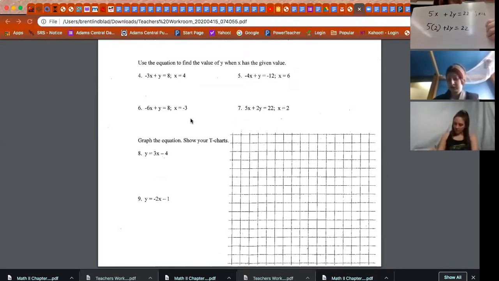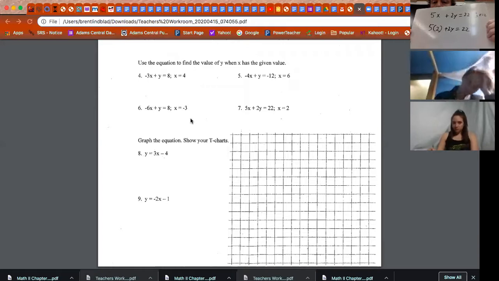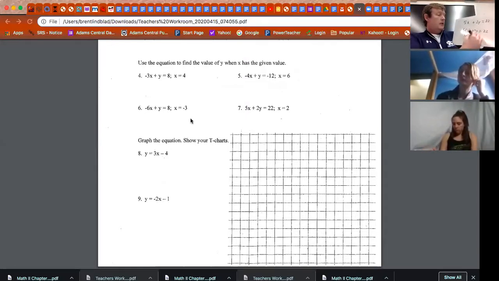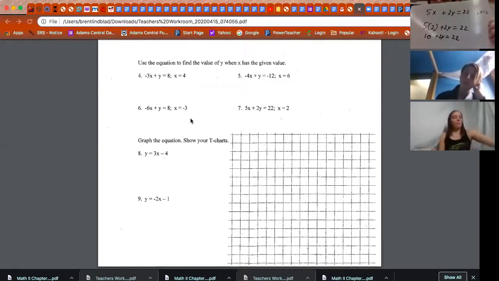If you remember our integer rules, we'll combine like terms, then isolate the variable y and get only one y to figure out what y is. I'm going to step you through how to do that. My next step is to take 5 times 2, and that gives me 10 plus 2y equals 22.